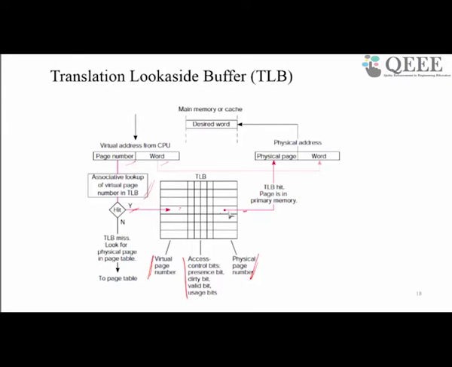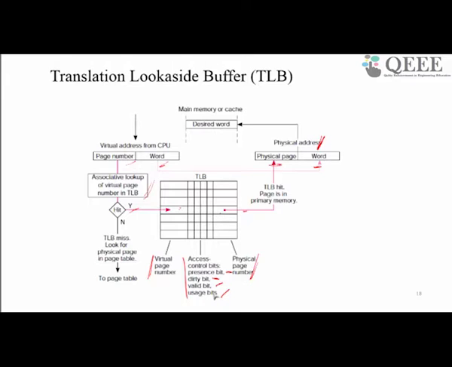So you directly take the corresponding page number, the page identification, and concatenate this physical page number with the word offset to generate the physical address. You can again have some control bits like presence bit, dirty bit, whether this entry is valid, and so on, usage bit for the replacement and so on.